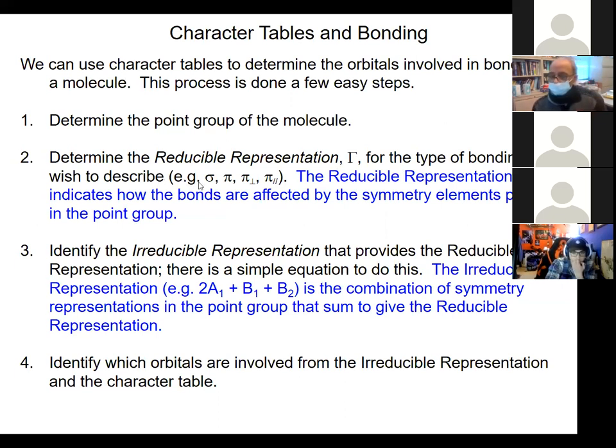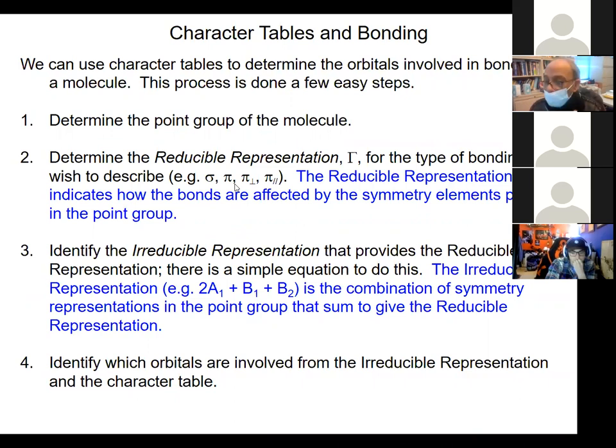The molecule may have only sigma bonds, it may have sigma and pi bonds, or it may have just a few sigmas and just 1 or 2 pi bonds. It can have a pi bond in plane, or a pi bond that is normal to the plane of the molecule, which are given here, pi perpendicular and pi parallel. So these are all the different symmetries that we need to consider.